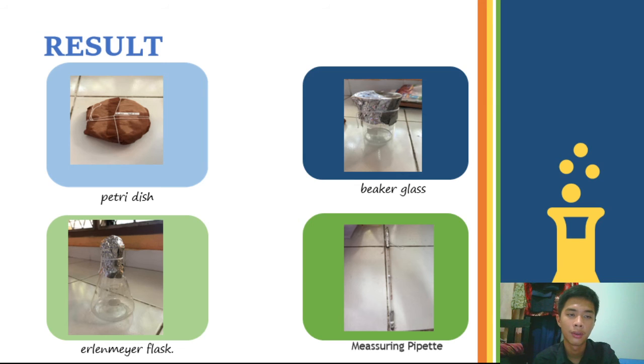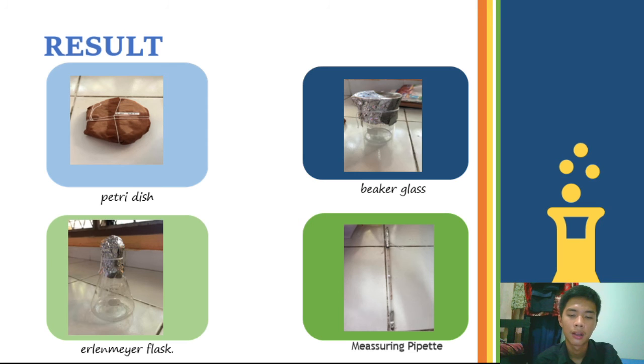After we cover it with the aluminum foil and brown paper, we put the glassware into the autoclave for 15 or 40 minutes, or maybe above, at 100 Celsius degrees.